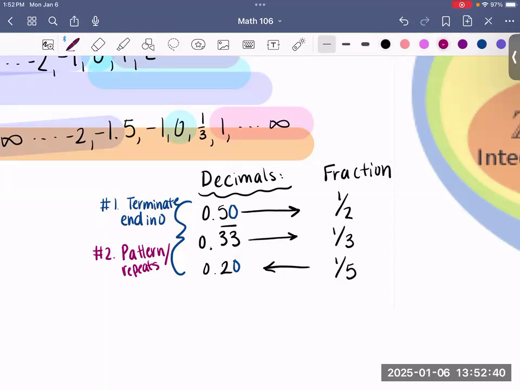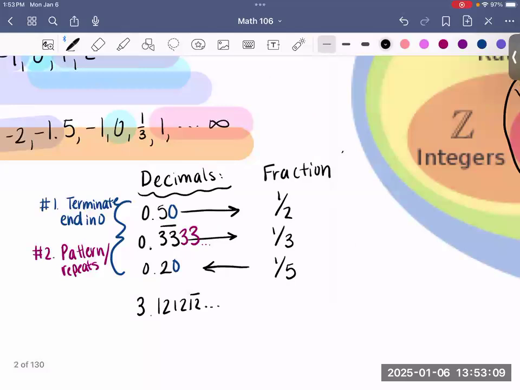That bar suggests that this number repeats, meaning that I know the next number is going to be a 3, and then the next one after that is going to be a 3. And it's continuous, but in a repetitive motion. Same thing if you were to just have one pattern. You could say this is 3.121212 repeating, right? So it continues with some sort of pattern.